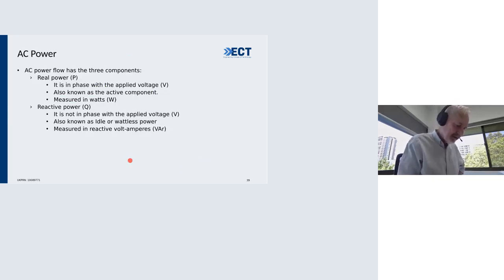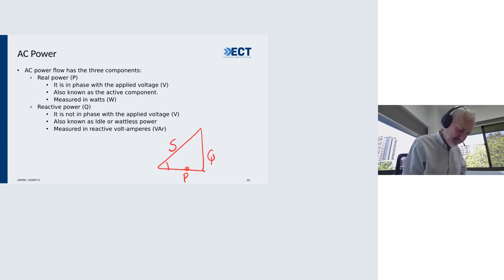AC power, this is always a very interesting comparison, and this is something I spend quite a bit of time talking about when I'm teaching the subject. This little triangle, you've got Q, which is VARs, all lowercase these days, P in watts, and S in VA, volt amps.